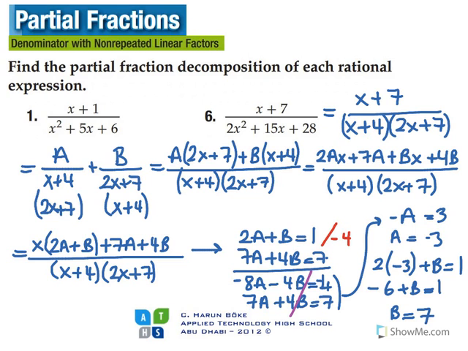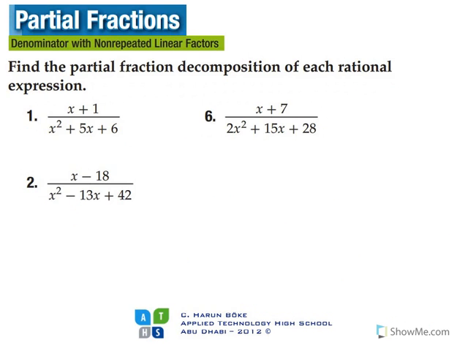So your partial fraction decomposition will be, let's change it here, I will change these numbers, so it will be minus 3 here and 7 here. Now it's your turn. Find the partial fraction decomposition of this expression and show me.